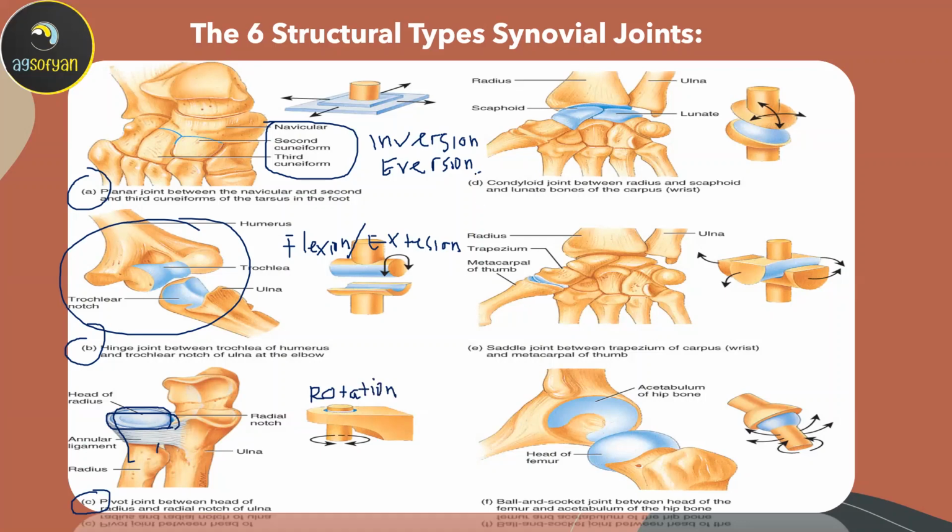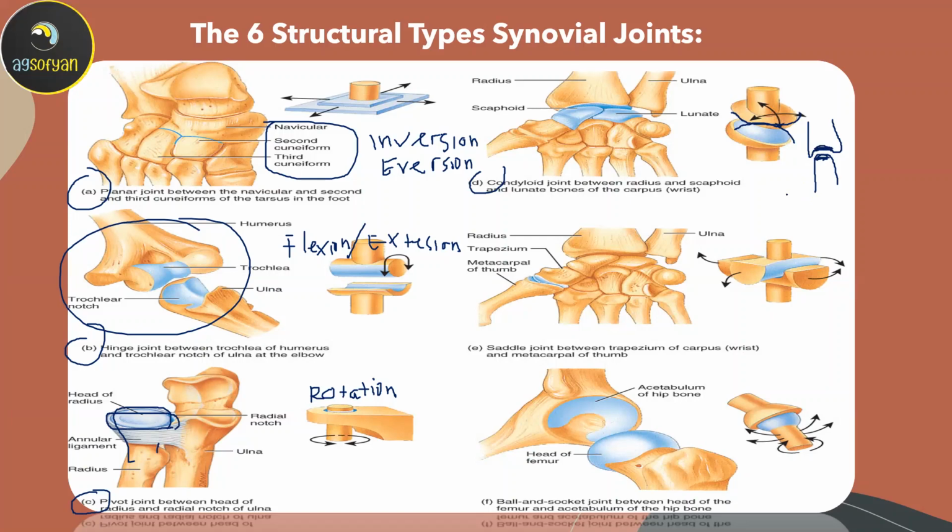The next one is the condylar joint. You see the type of joint over here. There is a process on one bone, and another bone will have a little bit of depression. Like a little bit of depression in the bone.